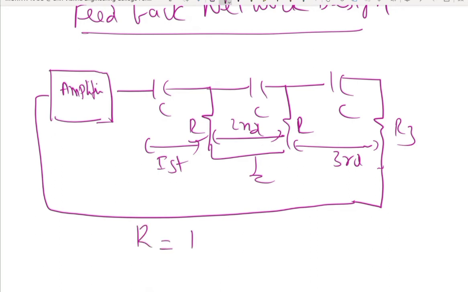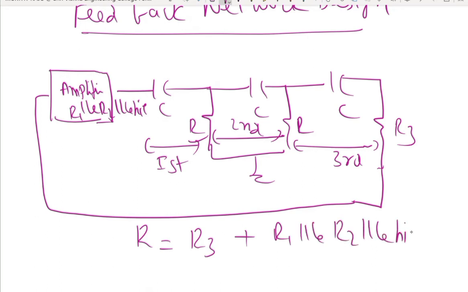Therefore, R is equal to R3 in series with the amplifier circuit input section, that is R1 parallel to R2 parallel to HI. Therefore, last R value is equal to R3 plus R1 parallel to R2 parallel to HI.